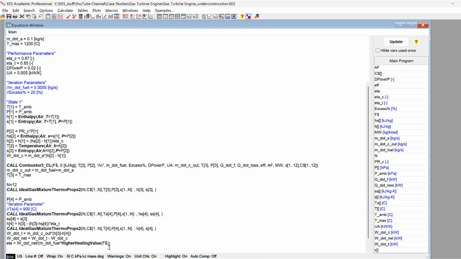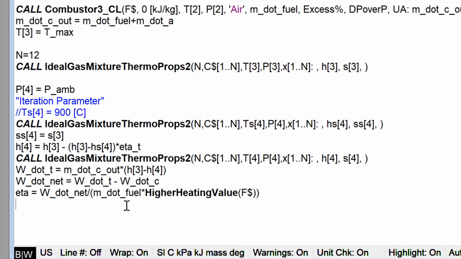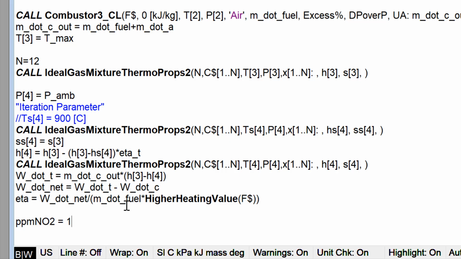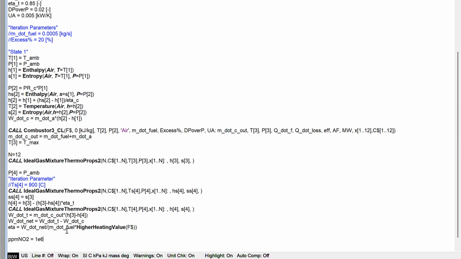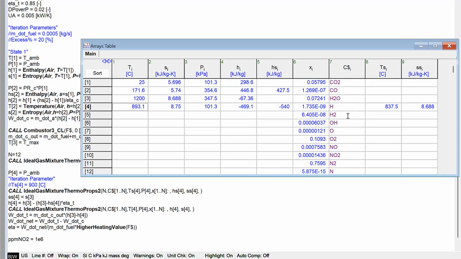Yeah, so that's good. The problem asked for the concentration coming out. I don't know specifically what somebody would be worried about coming out of a gas turbine engine, but let's figure out the parts per million of NO2, and that's just 1E6 times x10, since NO2 is the 10th component here.